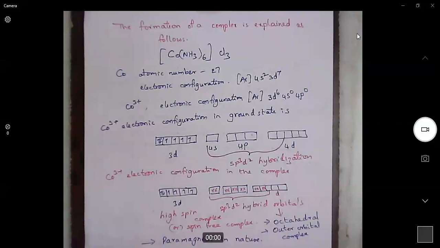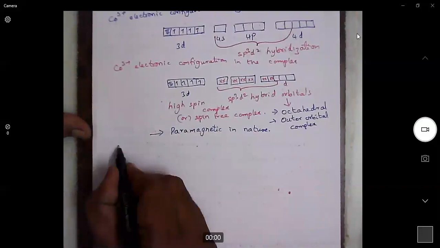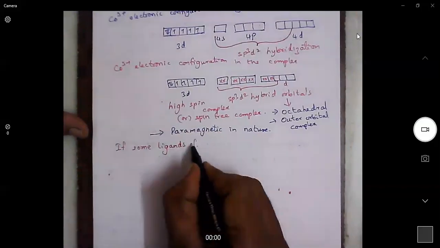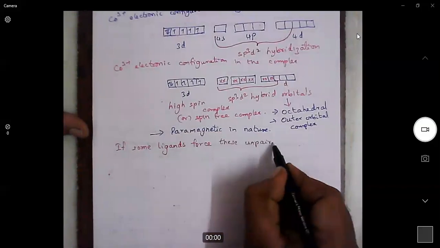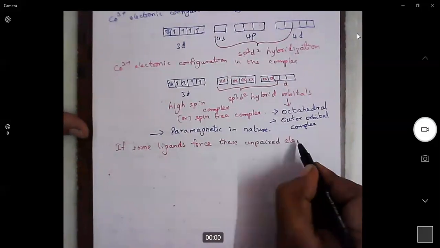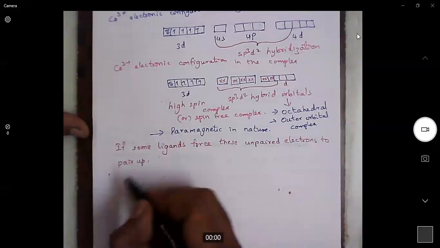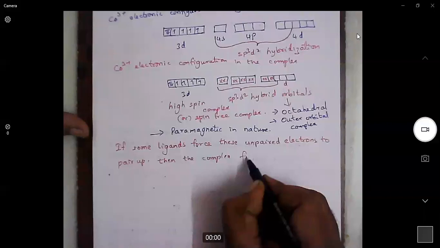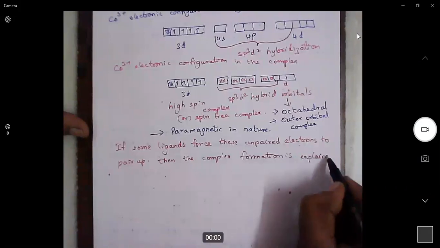Now, if some ligands force these unpaired electrons to pair up, then the complex formation is explained as follows.